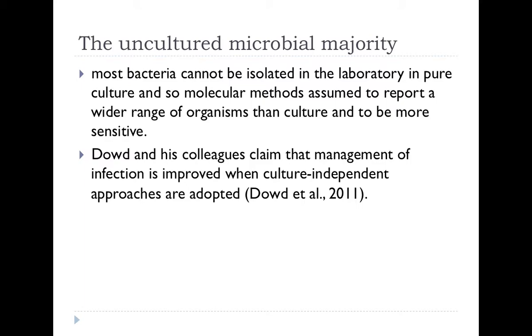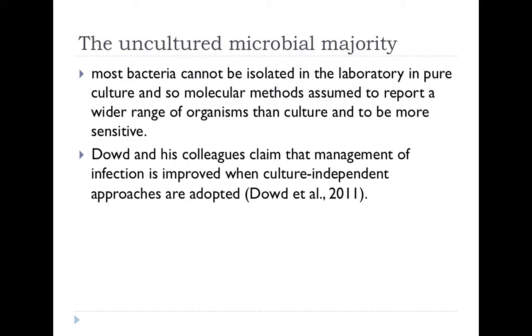And so there's been a lot of interest in using molecular methods, culture-independent approaches, just to perform a census of what organisms live there and characterize the composition of that microbiota in health and in disease.